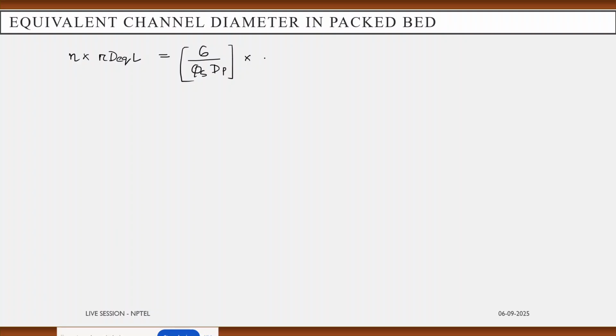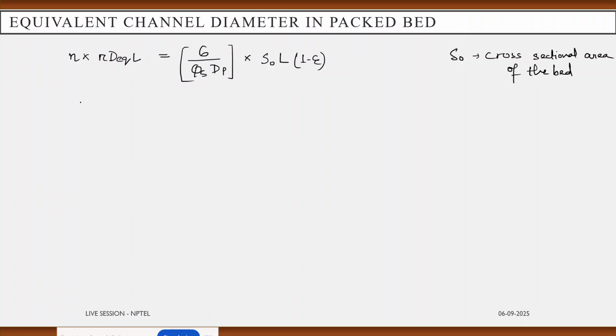Now the volume of the particle is the total cross-sectional area of the bed into length, in meter cube, into the term that denotes the particle volume, where S is the cross-sectional area of the bed.